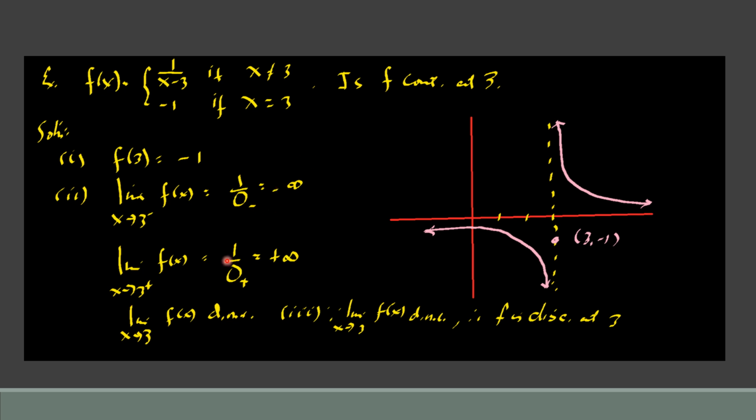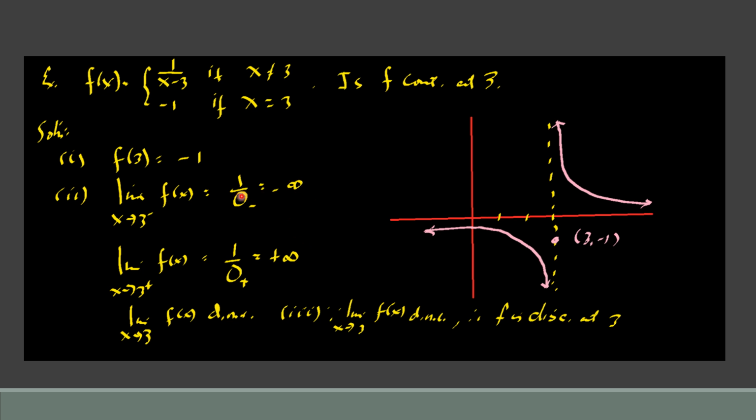As for the right-hand limit, that means that x is greater than 3. So if we are to evaluate the limit of 1 over x minus 3, where x is greater than 3, the denominator will approach 0 through positive values. And 1 divided by a very small number that is positive will yield positive infinity.